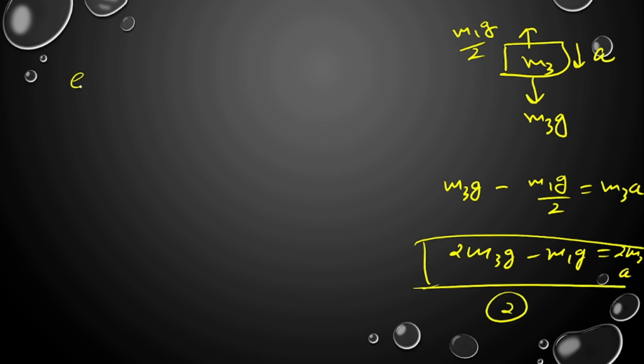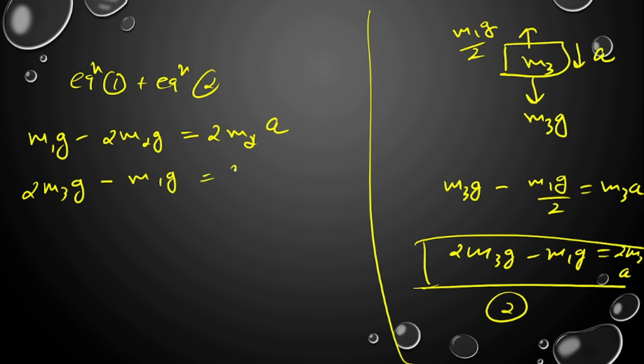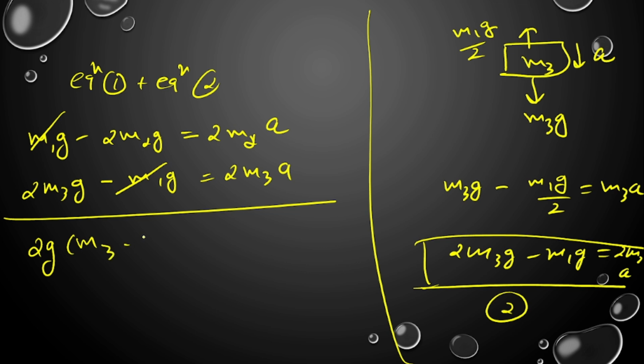Equation 1 plus equation 2: m1g minus 2m2g equals 2m2a, and 2m3g minus m1g equals 2m3a, giving 2g(m3 minus m2) equals 2a(m3 plus m2).